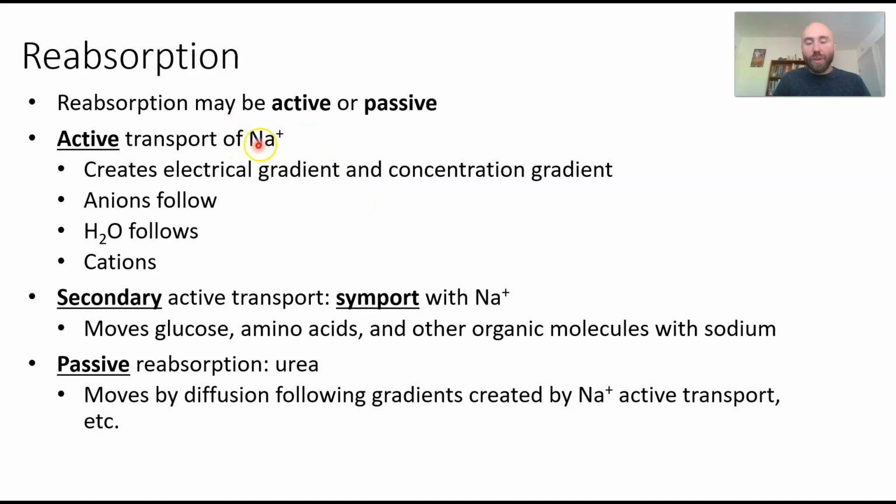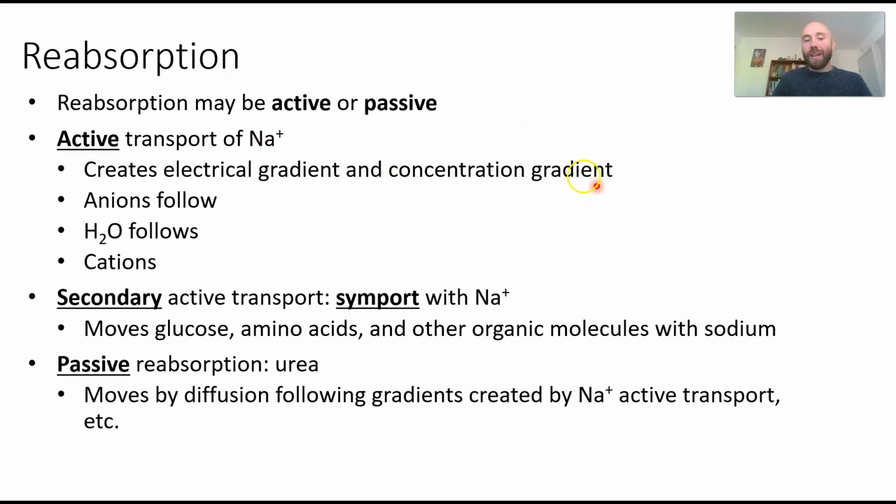So as we move sodium from the filtrate back to the cardiovascular plasma, this is going to create an electrical gradient. We've now loaded up the cardiovascular side with a positive cation. That's going to draw negative anions.